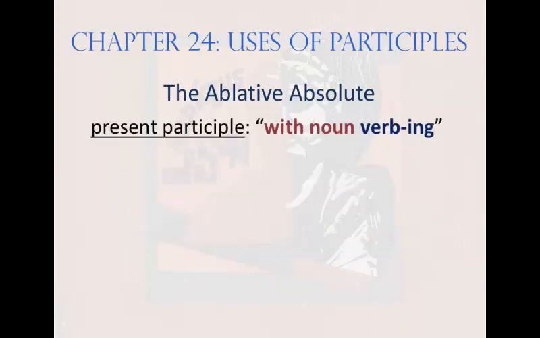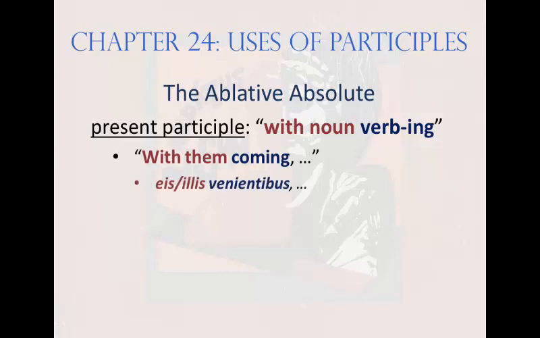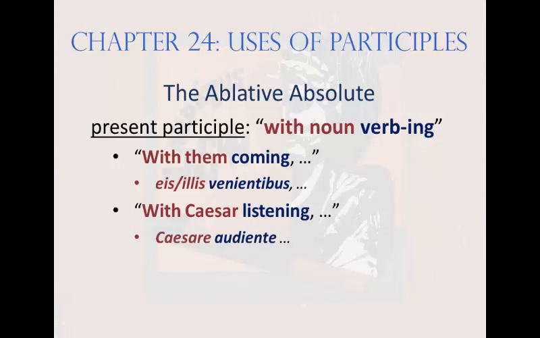The second most common type of ablative absolute uses a present active participle, following the formula with the noun verbing. For instance, with them coming, which Latin would render as eis or illis venientibus. Here's another example, with Caesar listening, which in Latin would be Caesare audiente.